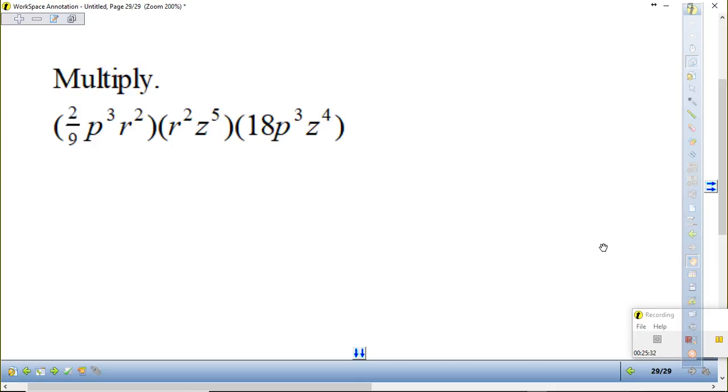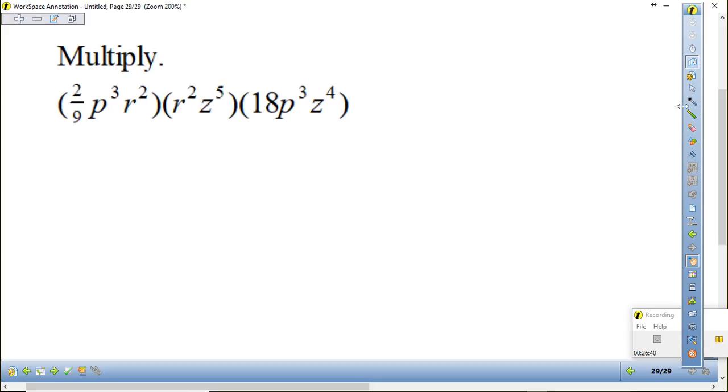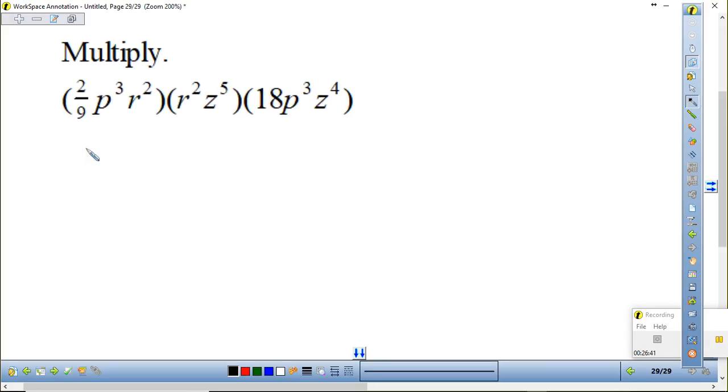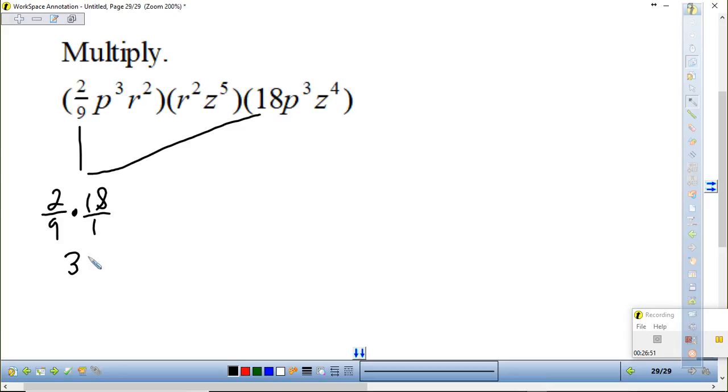Y'all ready? Okay, let's see. Numbers with numbers. 2/9 times 18. 2/9 times 18 over 1. That is 36 over 9, which is 4. So far, so good? Yeah. Next, p cubed times p cubed.